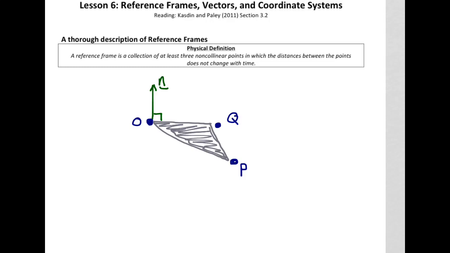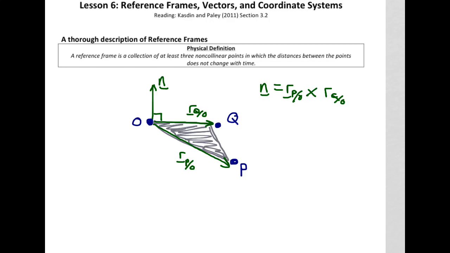And so to describe N, we can say that we've got a vector from O to P, which we know how to write, which is R of P with respect to O. And we have the vector of O to Q, which is R of Q with respect to O. And so we can define the vector N as the cross product of R of P with respect to O crossed with R of Q with respect to O. So once we've got this vector N, that really gives us the tools that we need to describe the orientation of that plane in those 3 dimensions.